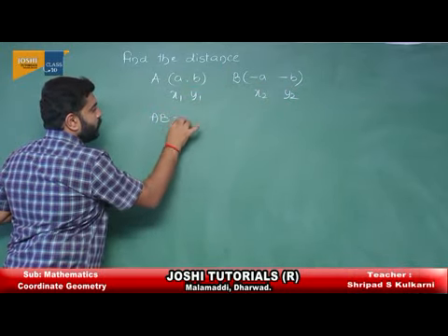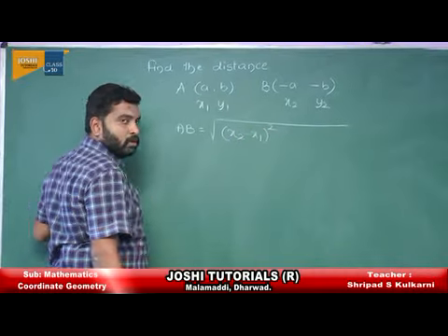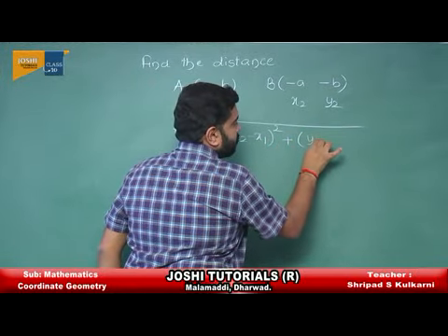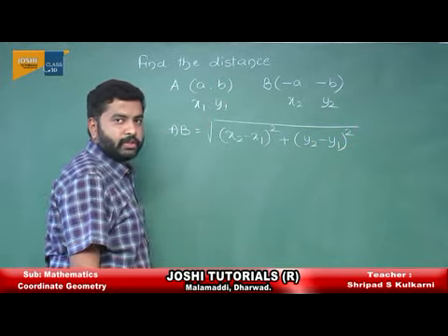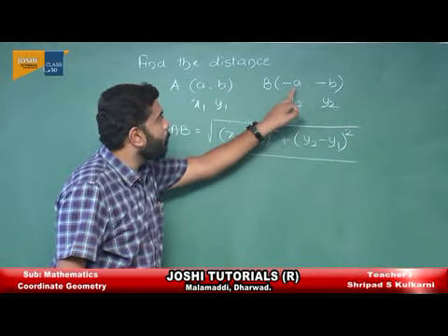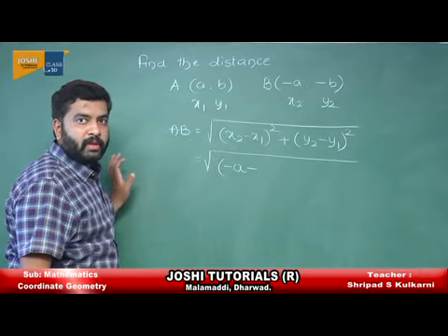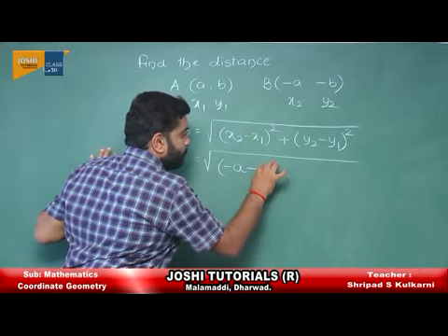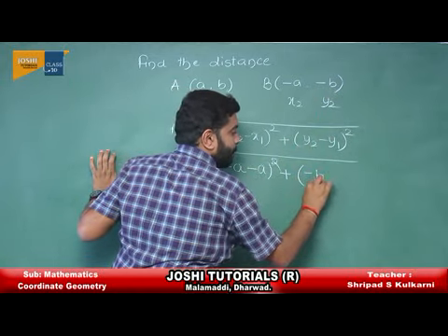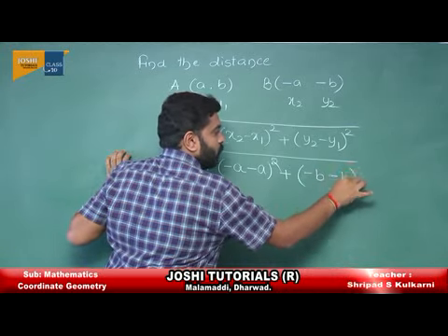Formula: AB is equal to the distance, square root of (x2 minus x1) whole square, the square of the difference between the x coordinates, plus (y2 minus y1) whole square, the square of the difference of the y coordinates. That is equal to square root of (x2 minus a), from the formula x1 is a, whole square, plus y2 is minus b, minus, from the formula y1 is b, whole square.